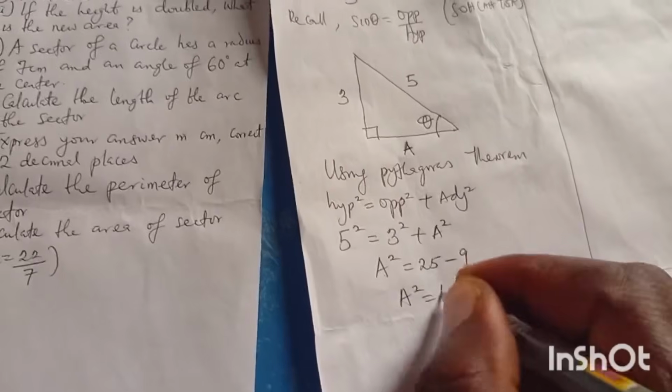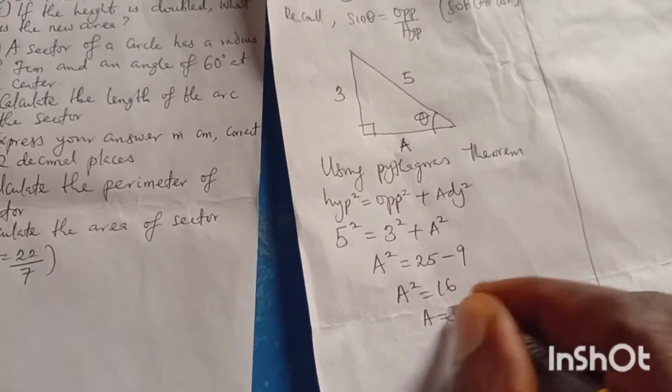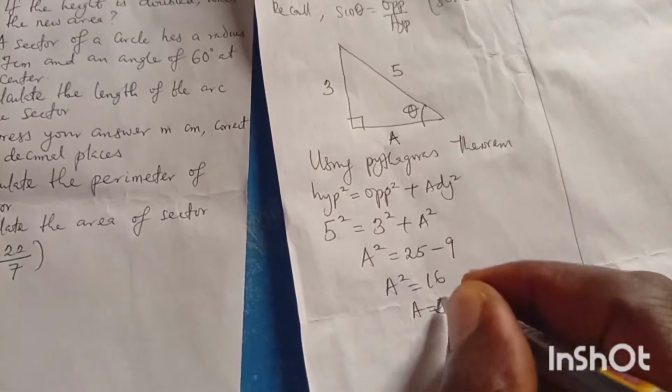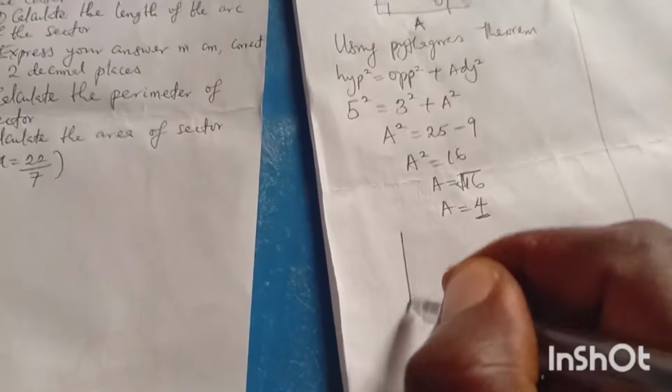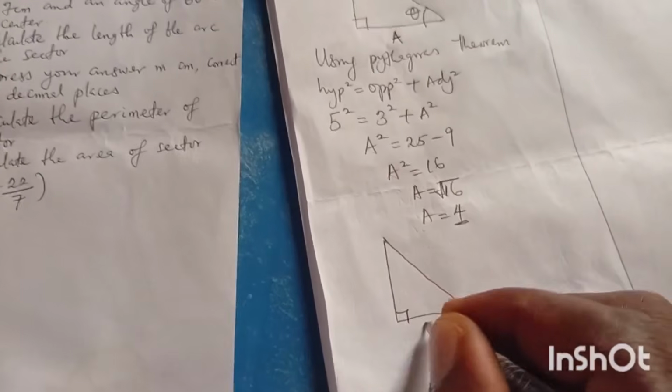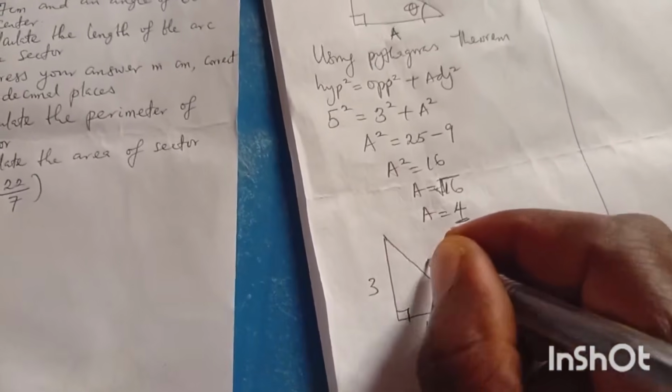A squared equals 16. A is the square root of 16, and a equals 4. Now that we have known that a is 4, I can redraw another triangle: 4, 3, and 5. Case closed.